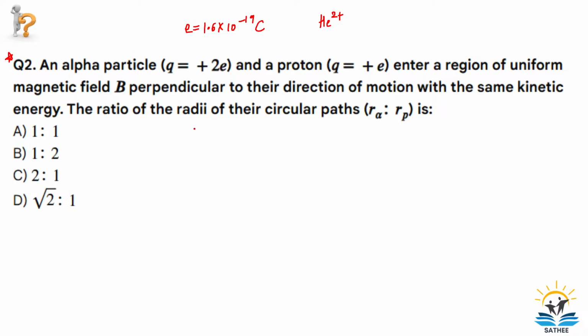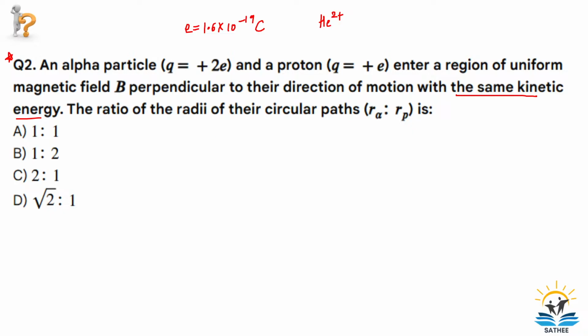So theta is 90 degrees. That case we have discussed: if a charged particle enters perpendicular to the magnetic field, it will follow a circular path. Both particles enter the region of uniform magnetic field with the same kinetic energy. What is the ratio of radii of their circular paths?